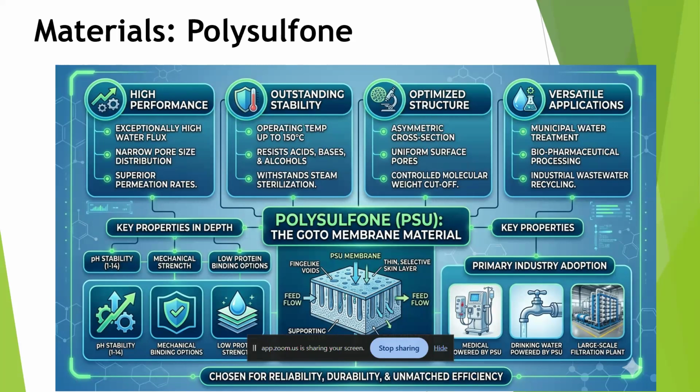It is very commonly used because it can be dissolved very easily using certain solvents like NMP, DMAC, DMSO. That also we will discuss in the coming slides. So that is number one, polymer.